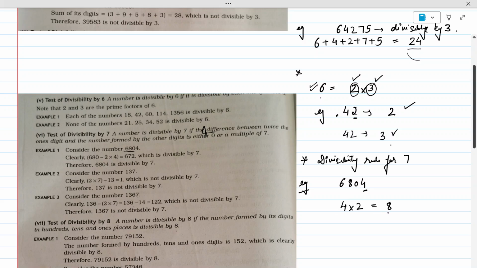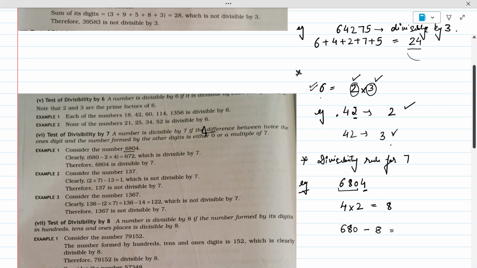Now we have to subtract this number, twice the number at the unit digit, from the number formed by the rest of the digits. The number formed by the rest of the digits here is 680, and from this number we have to subtract 8, which is twice the number at the unit digit.